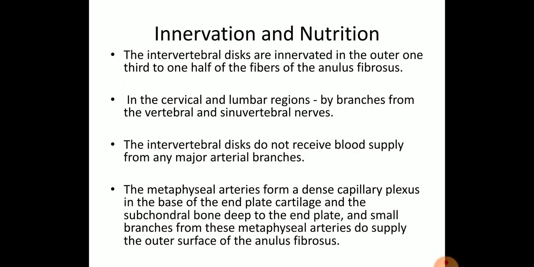Next is how the intervertebral disc is innervated and how it gets its nutrition. The intervertebral disc is innervated in the outer one third to one half of the fibers of the annulus fibrosus.